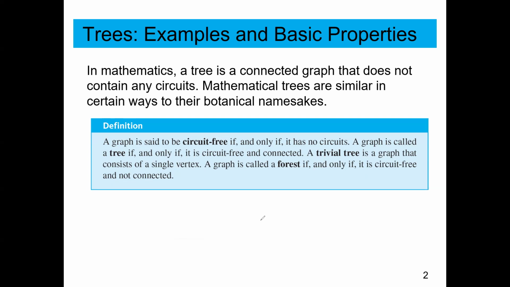Sorry, I had a technical error real quickly, but I'm going to draw a tree. This is a tree that I have drawn. And then over here, this is a cycle.